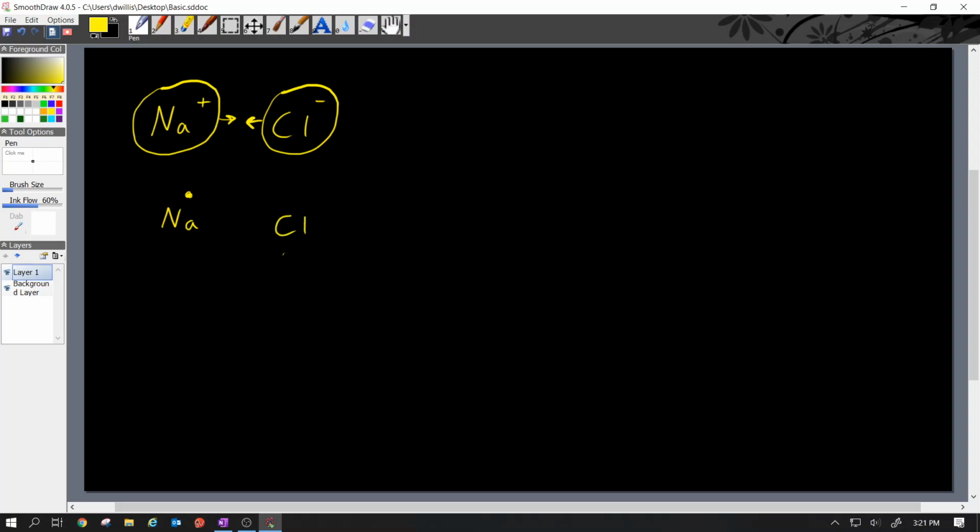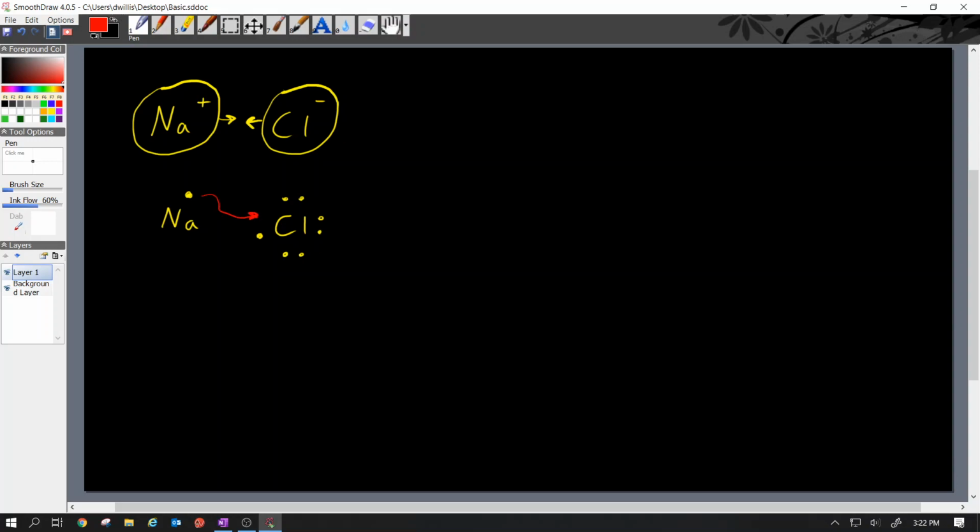Chlorine, since it has 7 valence electrons, has those around the outside. Chlorine's like, if I could just get 1 more electron to fill up that valence shell, and sodium's like, if I could just get rid of this 1 electron so I could drop down a level, everything would be cool. And chlorine says, if you're not using that electron, and sodium says, sure, go ahead. So that's how they make salt?